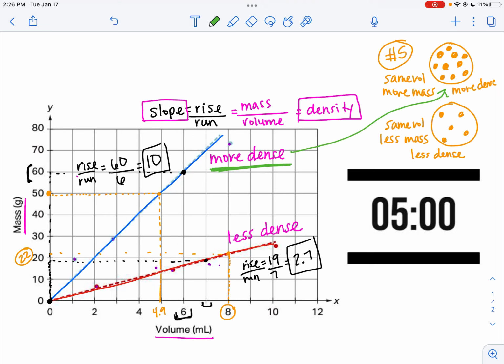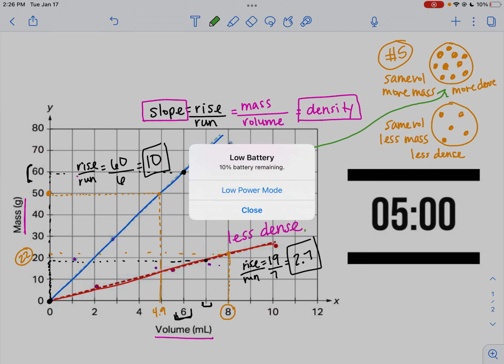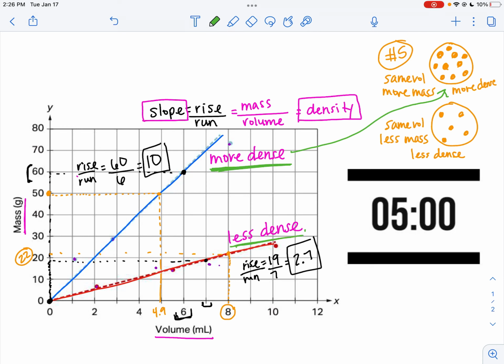Our more dense sample with our high slope is going to be this drawing that has more mass in the same amount of space. If it's less dense, like our red line that has a smaller slope, it's more flat, that's going to match up with our particles, where we have fewer particles in the same amount of space.